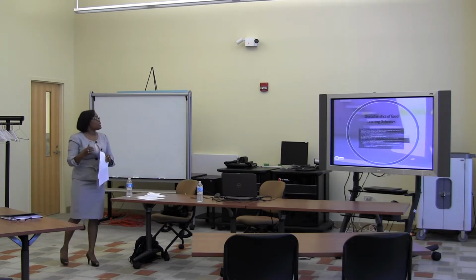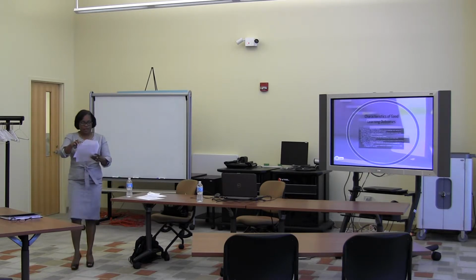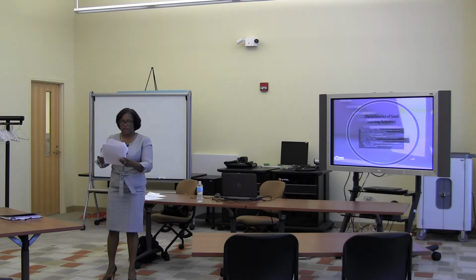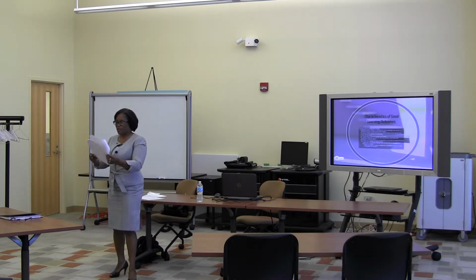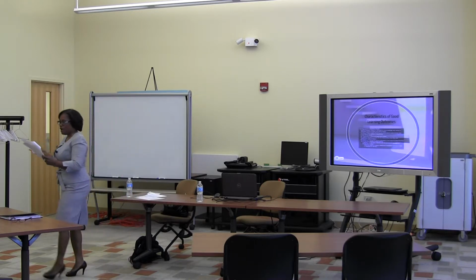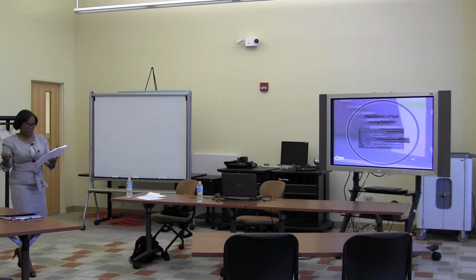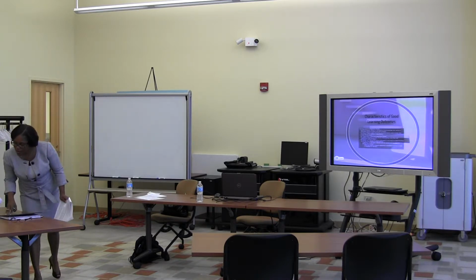So, characteristics of good learning outcomes. There is a list of the characteristics, but before I go to the characteristics, I wanted to go over structures of learning outcomes. That should be on your first page.